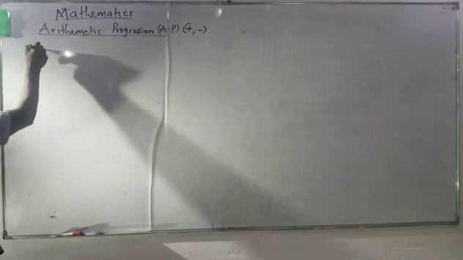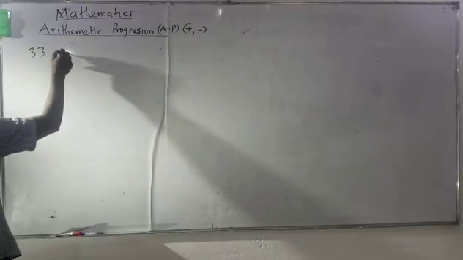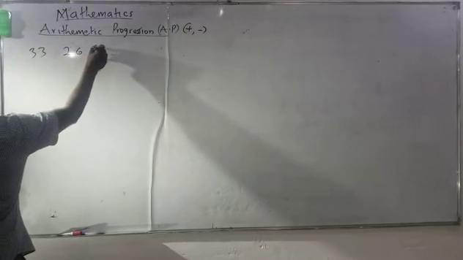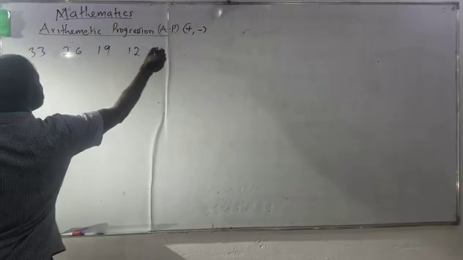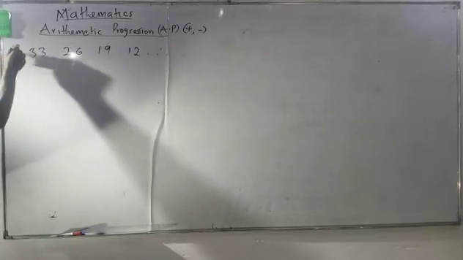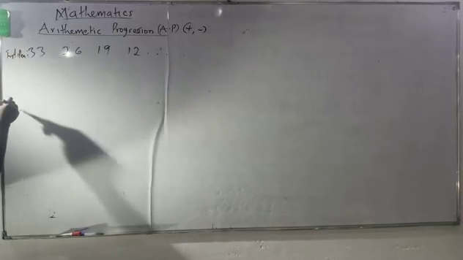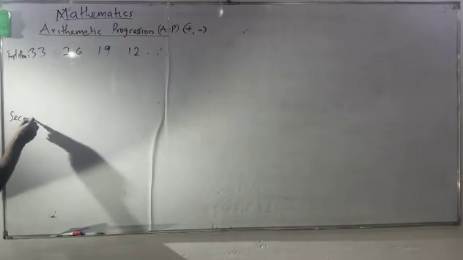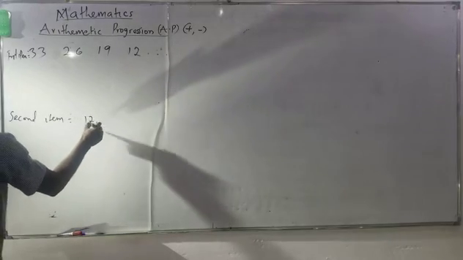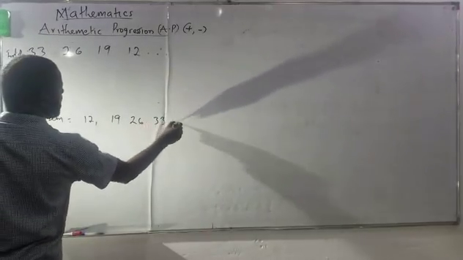For the first pattern, let me use 33, 26, 19, 12, and so on. Now, I'm talking about the second item: 12, 19, 26, 33, and so on.